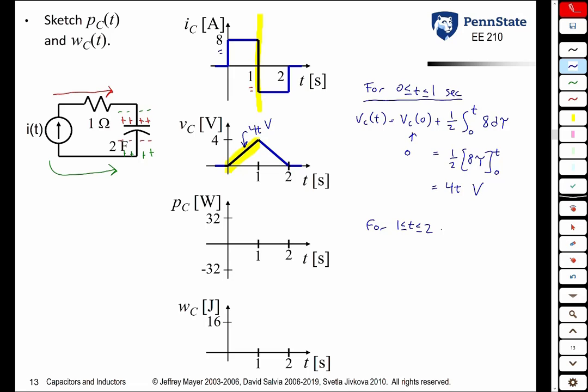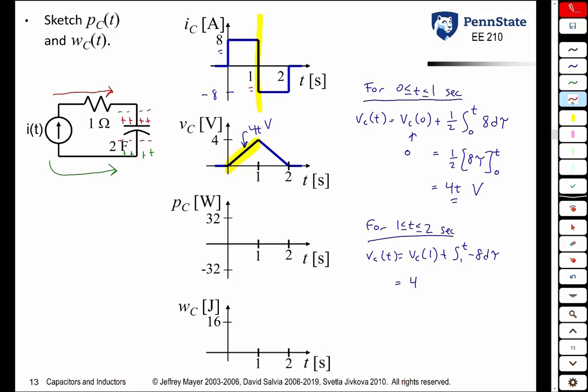For time between 1 and 2 seconds, Vc of t is equal to the voltage across the capacitor at time 1 plus the integral from 1 to t of -8 d tau. The voltage across the capacitor at time 1 is 4 volts. Whoops, I missed one thing here.